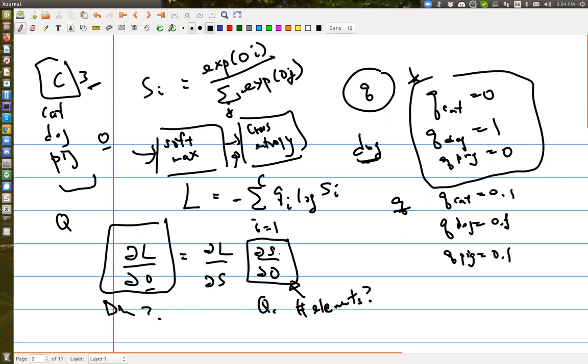How many elements do I have in partial S, partial O here? Yes, good. Be very careful. So this should be C squared elements here.